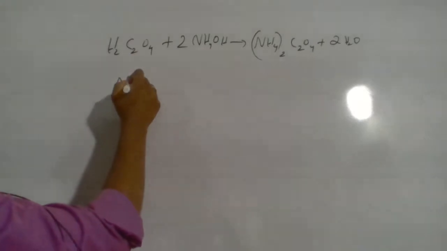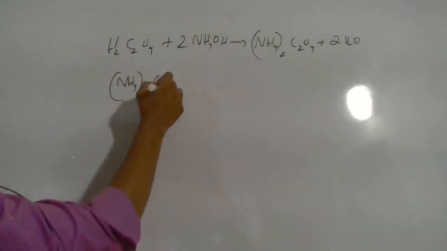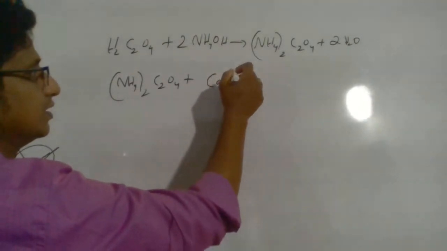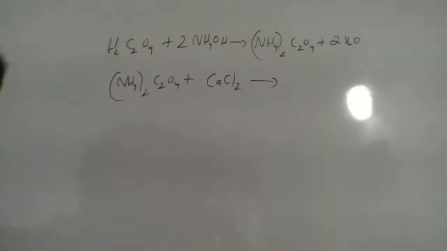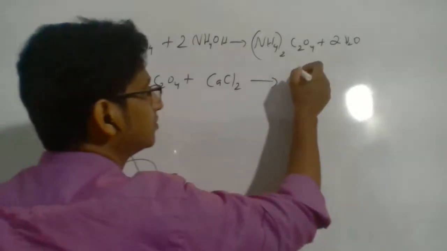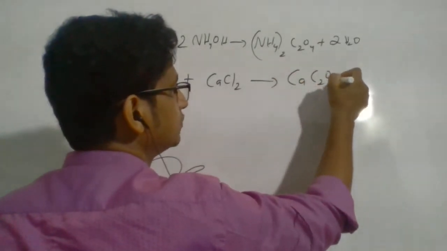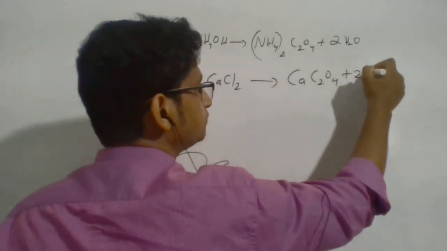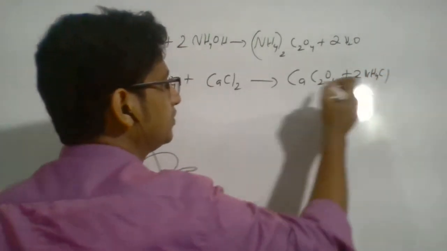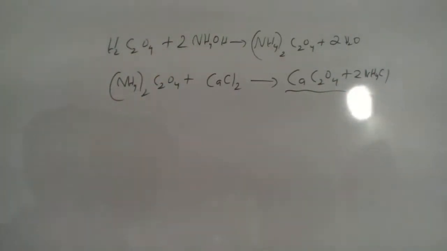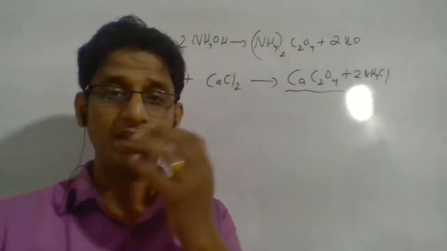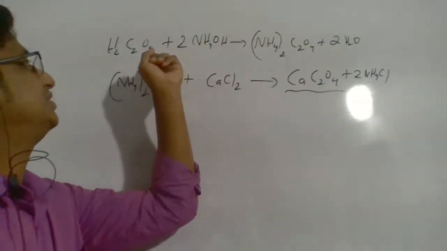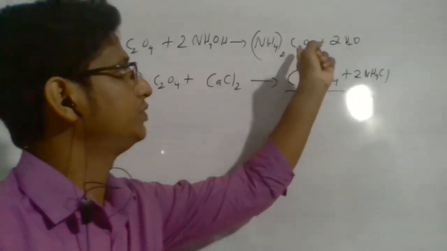And in the second step, this ammonium oxalate is converted, if calcium cation is present, they form calcium oxalate, CaC2O4, calcium oxalate plus ammonium chloride. So you can see calcium is actually precipitated in group 3 itself, because in the presence of ammonium hydroxide, this oxalate is first converted into ammonium oxalate.